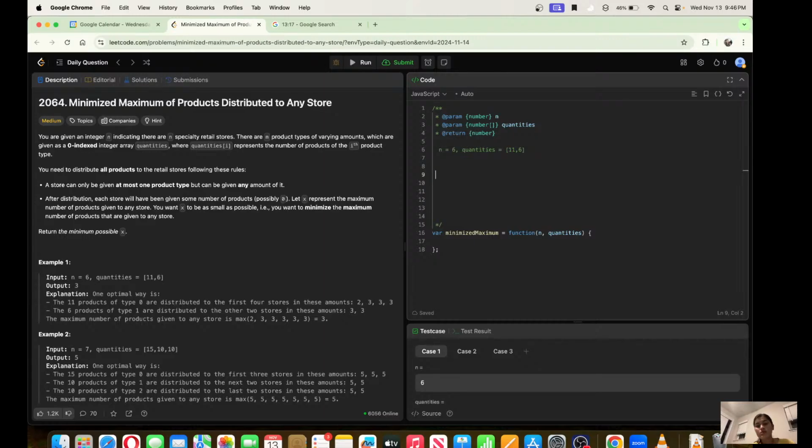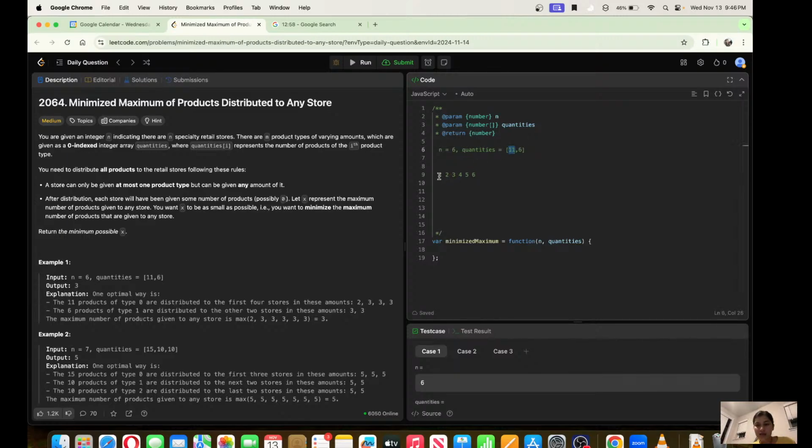Okay, so if there are like 6 stores, 1 2 3 4 5 6, I can give the first store only one product type, but I can give any amount of it.